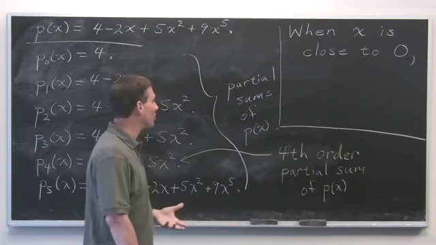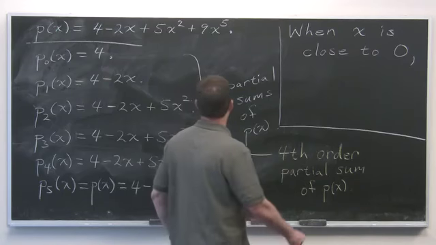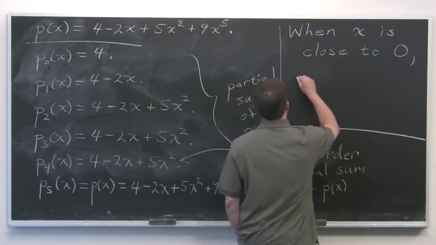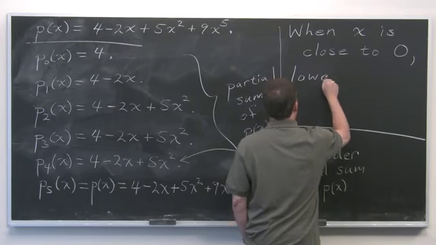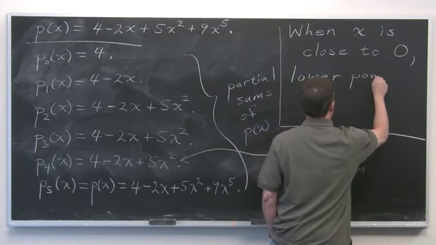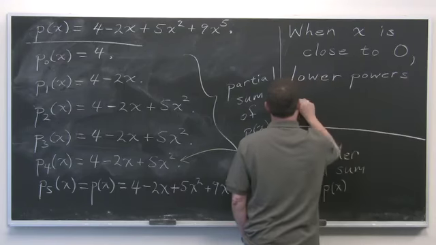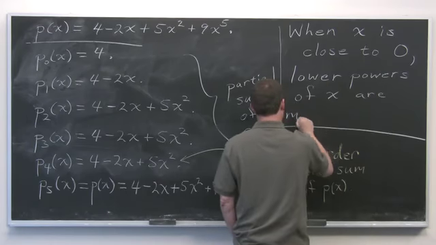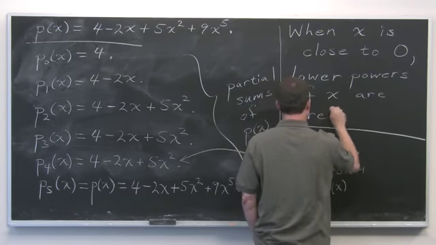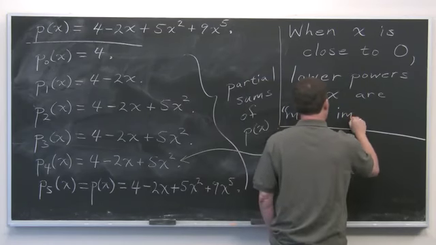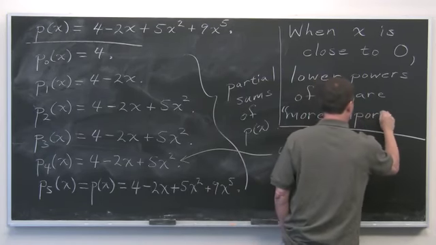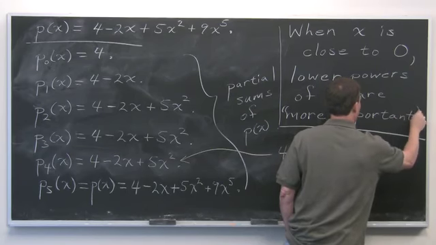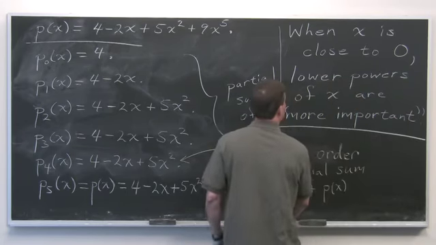Right? It's closer to 0. When x is close to 0, lower powers of x are, I'm going to write this, put it in quotes, "more important." The higher powers of x are closer to 0.